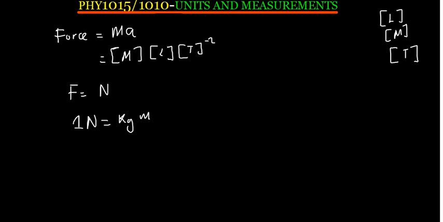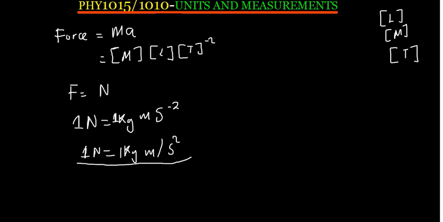It is a second to the power negative 2. This means that 1 Newton is the same as 1 kg meter second to the power negative 2. Or you can say 1 Newton is the same as 1 kg meter per second squared. So if I put per, then the power becomes positive. Please take note, 1 Newton is the same as a kg meter per second squared. For multiple choices sake, take note of that.